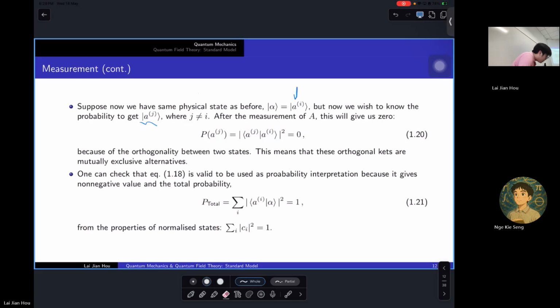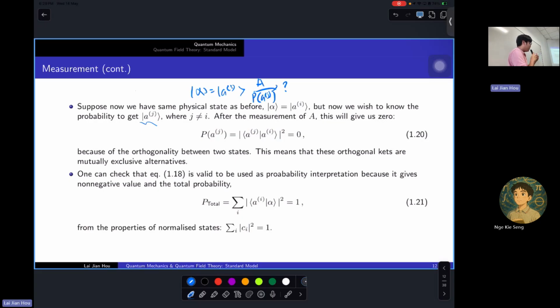So we have a physical state which is in A_i already, and we do the measurement A, and we want to find the probability of getting A_j.